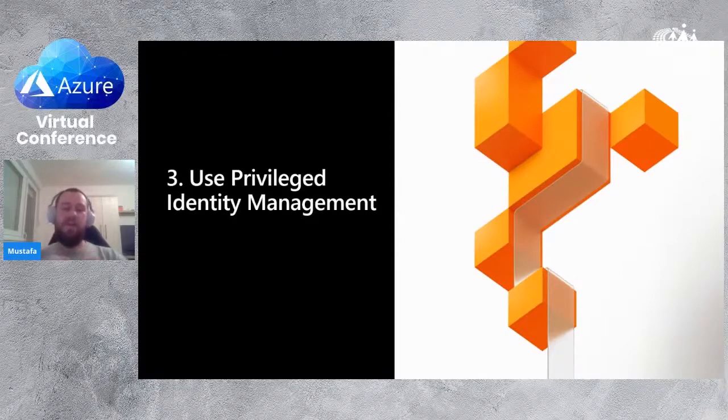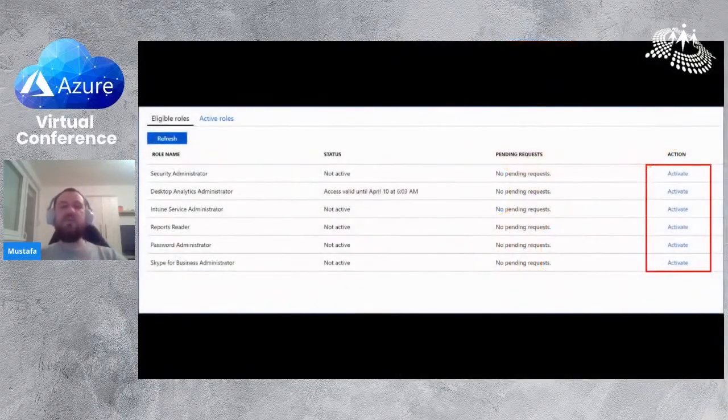What it means is we are providing a user with a specific role, but that role is not present on the user account by default when the user signs in. They actually need to go to the portal and activate that role, and only when activating the role would they have the ability to perform certain actions.